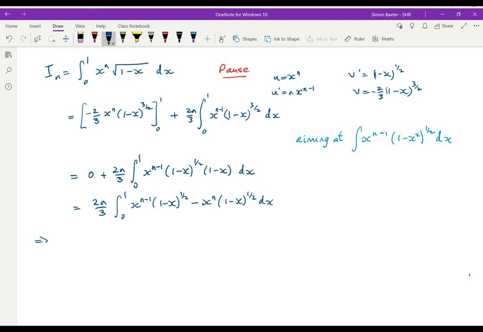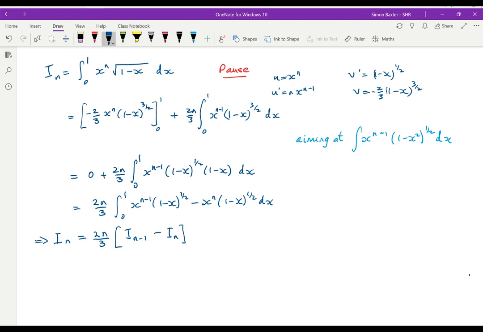And this tells us, this has been working out In, that this is 2 over 3 times n. My integral now, the first part is just n minus 1, and the second part is In.